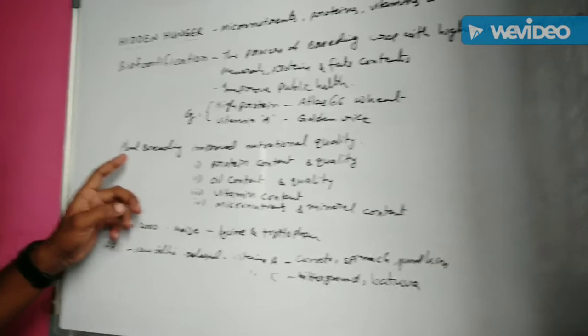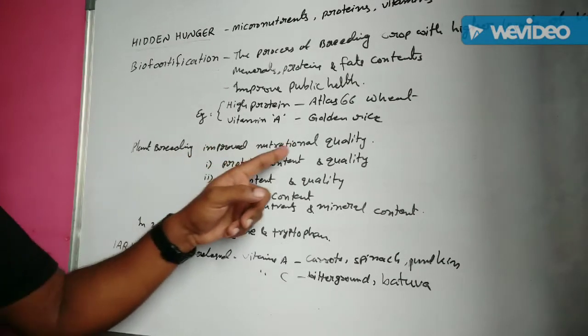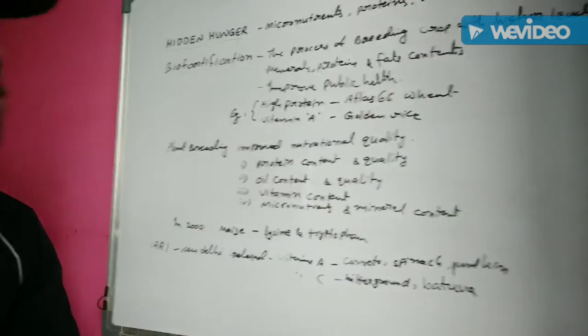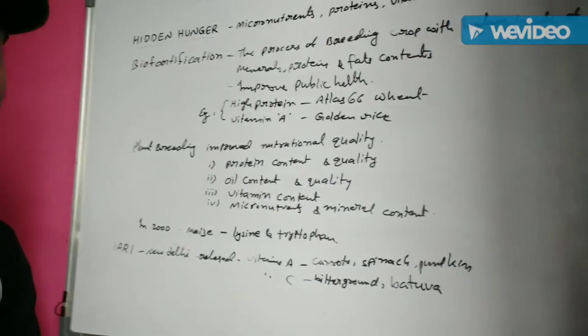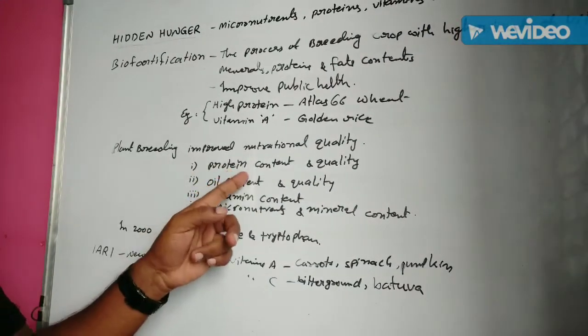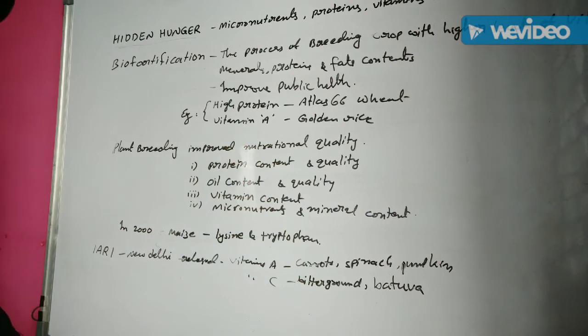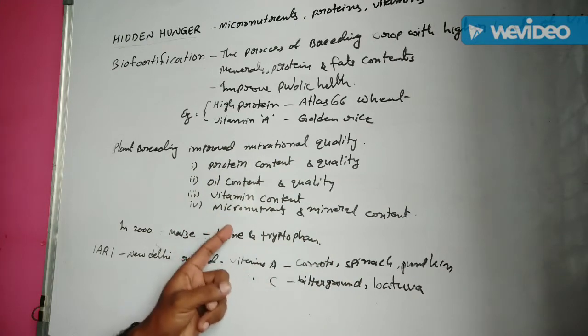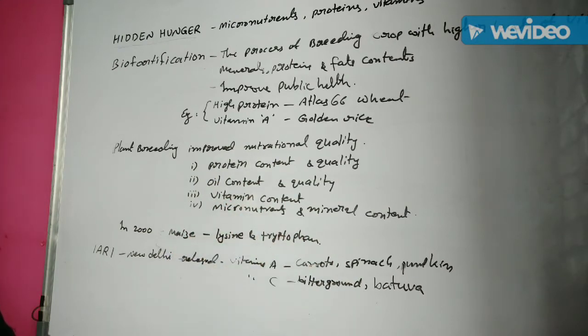Next one, some plant breeding also improved nutritional quality. What types of nutritional qualities are increased? Protein content and quality, oil content and quality, vitamin contents, micronutrients and mineral contents are also increased with the help of the plant breeding program.